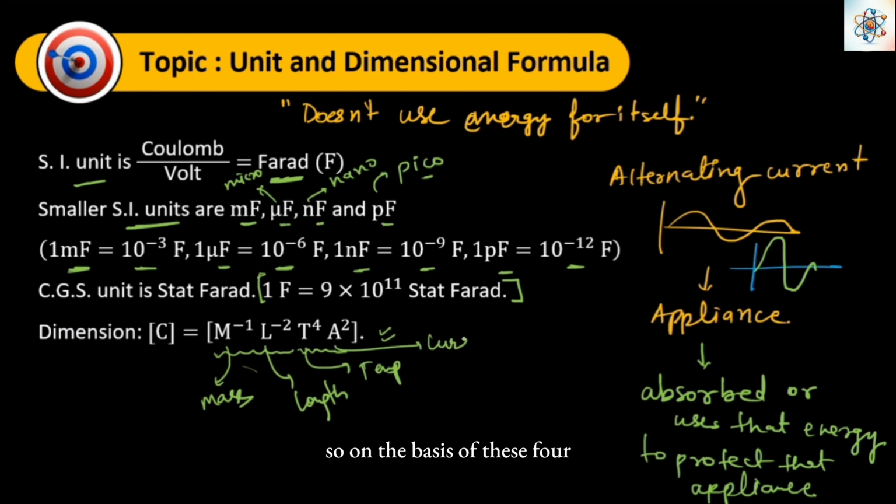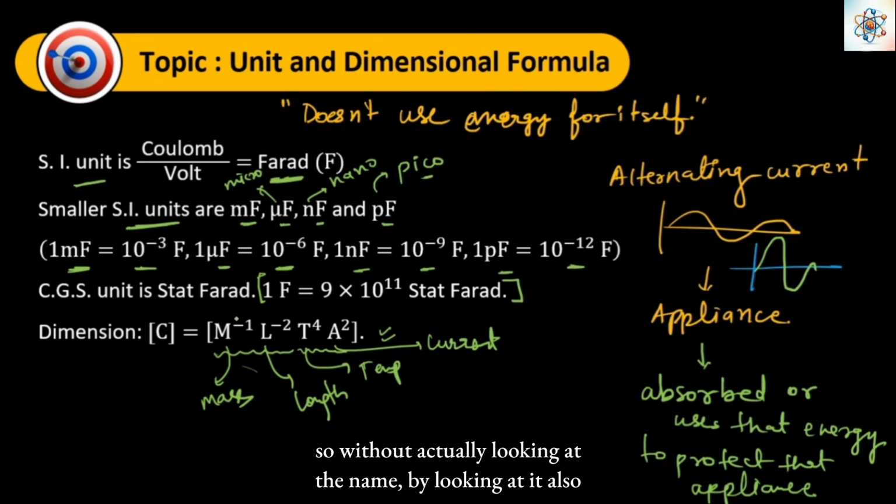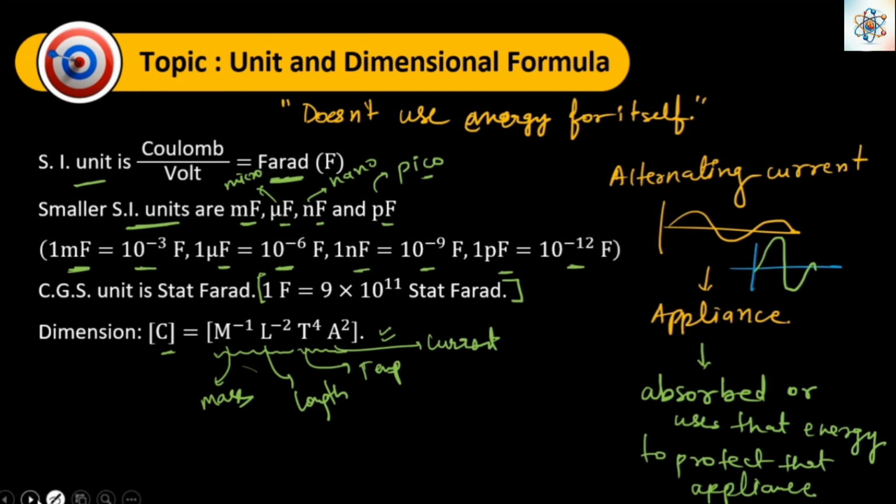On the basis of these four quantities, we just gave this capacitance a dimension, which is like its identity. So without actually looking at the name, by looking at it also, we can identify that it is nothing but capacitance.